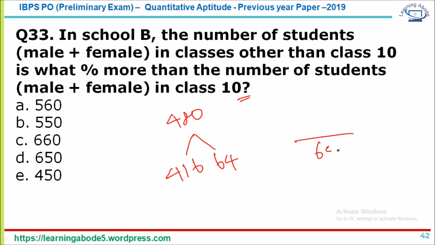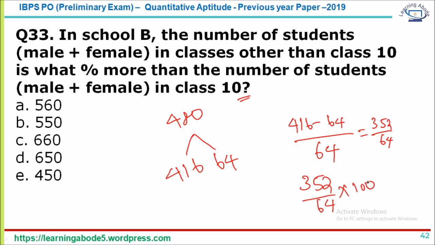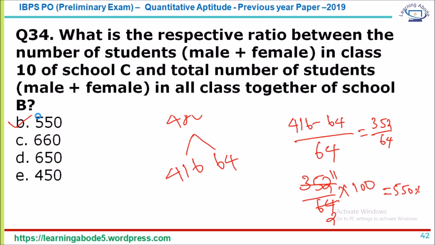So 64 in the denominator, 416 minus 64 by 64, that's 352 by 64. In terms of percentage, it is 352 by 64 into 100. It's a very simple calculation because 32 is common. So you get 550 percent. What percentage more? 550 percent more.